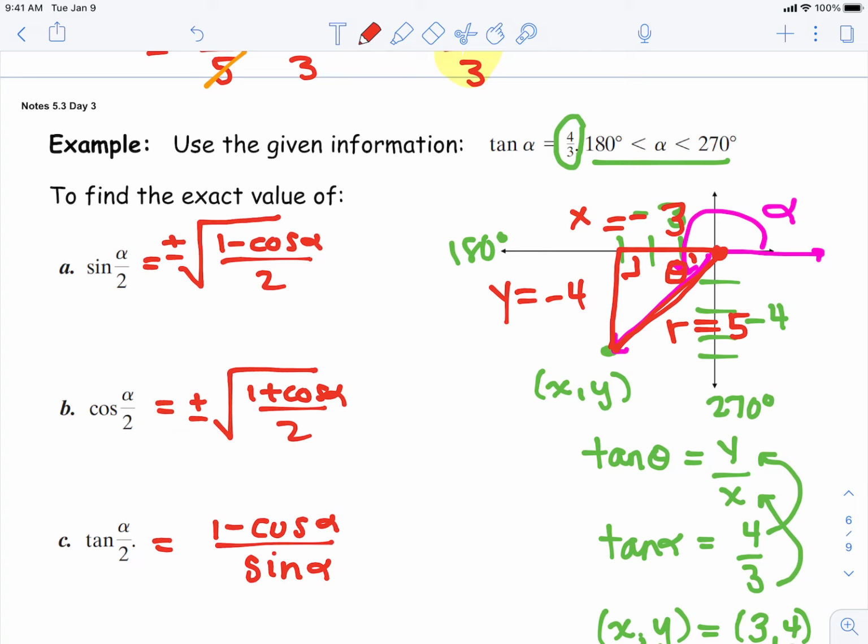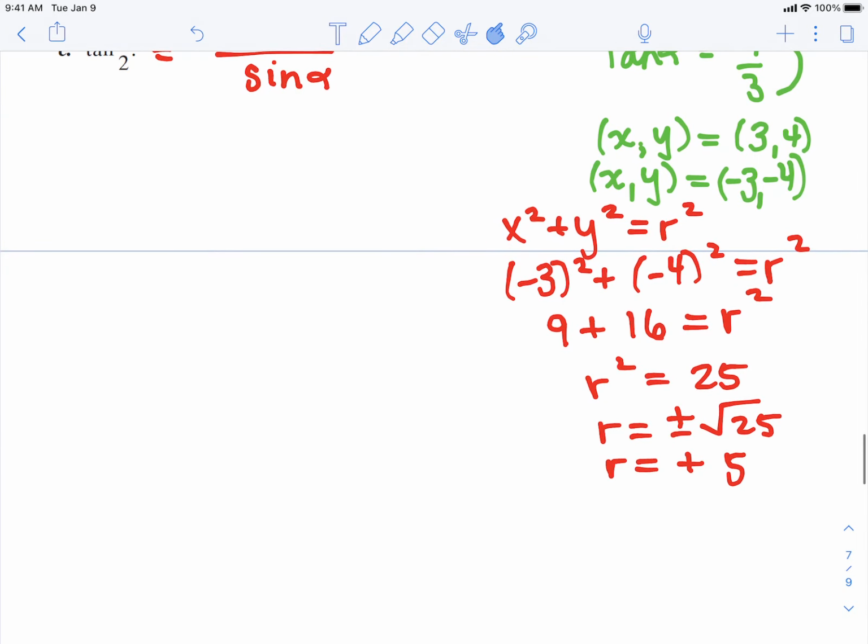So before we use these formulas, we need to find out, using that triangle, what is the sine and cosine? So the sine of that reference triangle is your y over r. So the y was -4, and the r is 5.